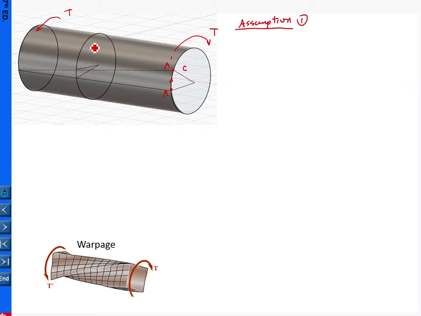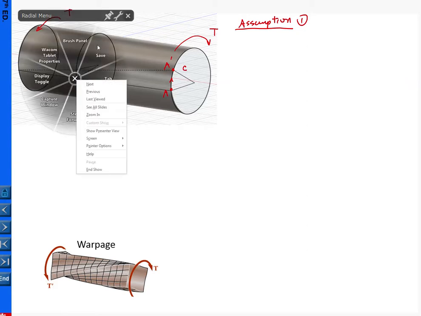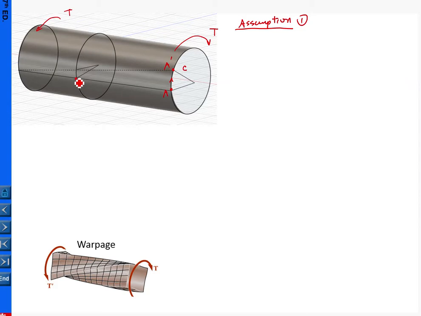And for example, we look at this cross section here. Again, this is the point in its original undeformed place. Due to the application of the torsion throughout the whole shaft, in this cross section this point will be displaced to here. Again, such a displacement follows the same rigid body rotation, following the same radius here.